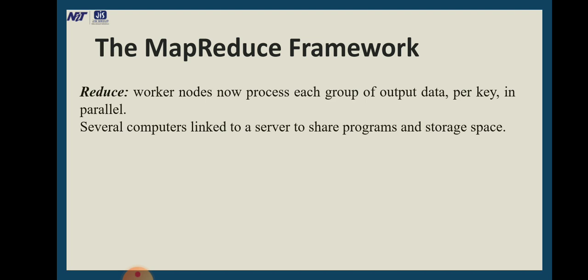Reduce is run exactly once for each K2 key produced by the map step. Fifth, produce the final output. The MapReduce system collects all the reduce output and sorts it by K2 to produce the final outcome. These 5 steps can be logically thought of as running in sequence.